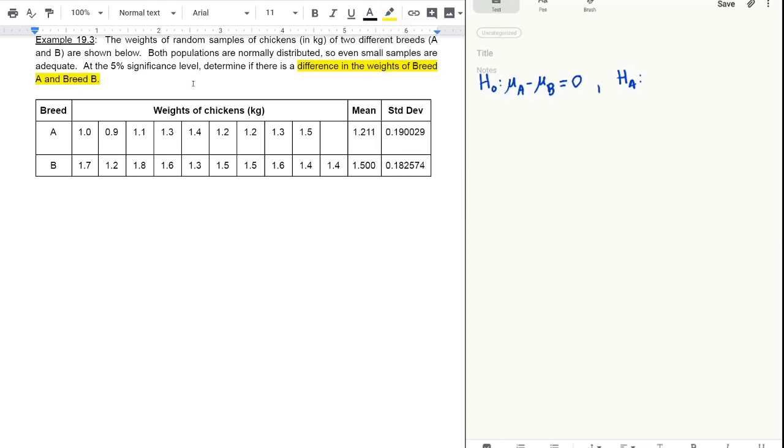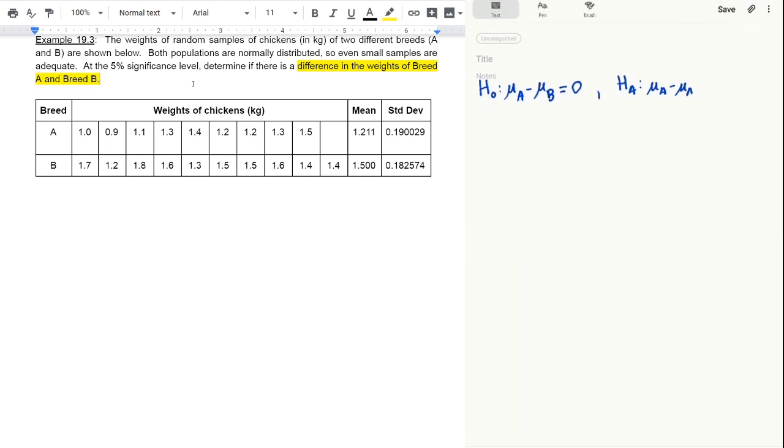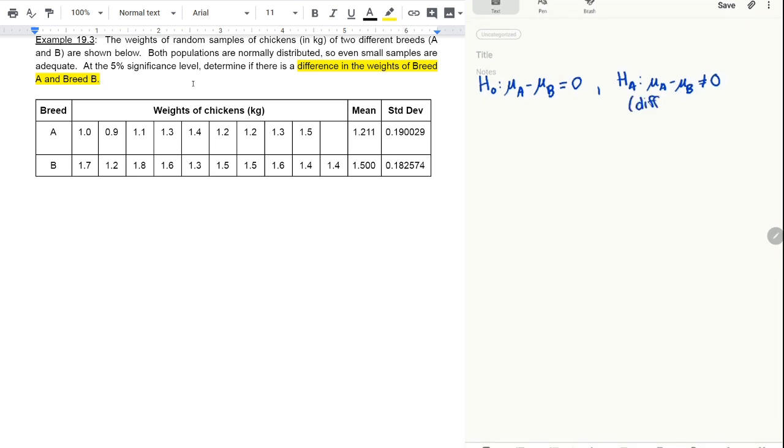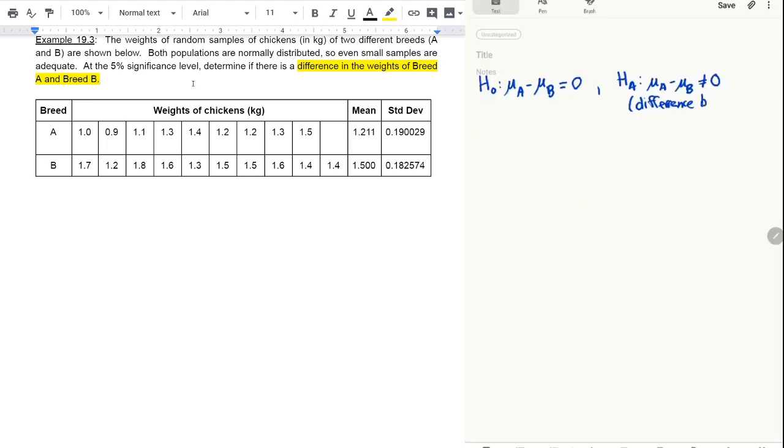Okay, so this tells us that the difference between mu sub A and mu sub B is not equal to 0. Okay, so there is a difference between the weights.